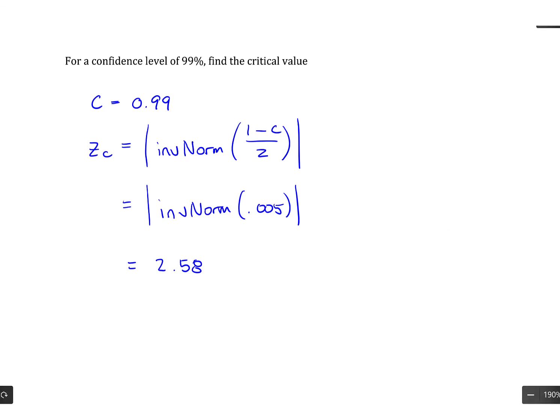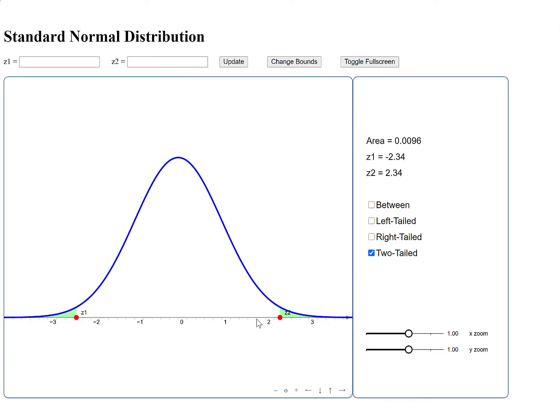And just to verify that that works, if I go back to my app here and calculate area between and set this to 2.58, so the lower z-score is negative 2.58 and the upper z-score is positive 2.58, that area between is very, very close to 0.99.